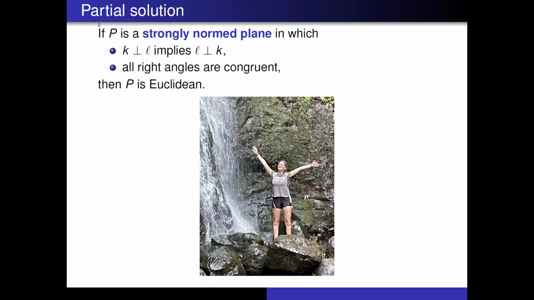In fact, the closest we have is the equivalence we already said: if orthogonality is symmetric, and if all angles are congruent, then it's Euclidean. So that's if and only if. But we don't know about other non-Euclidean planes.